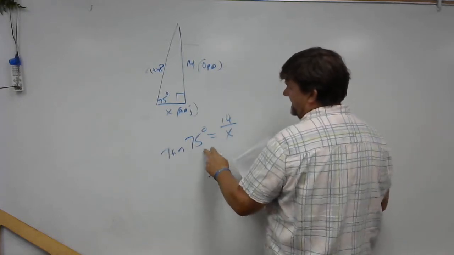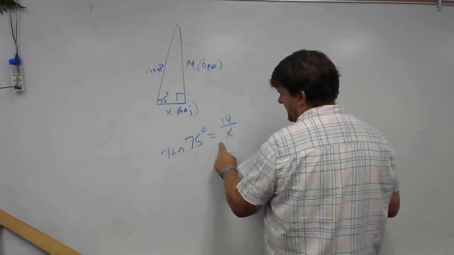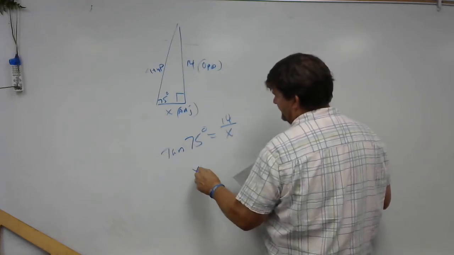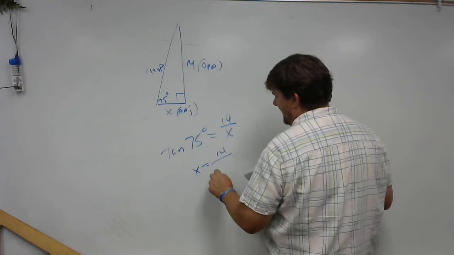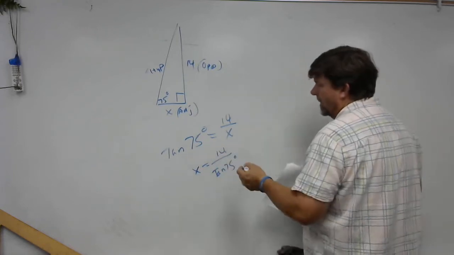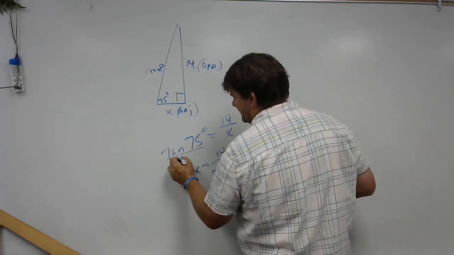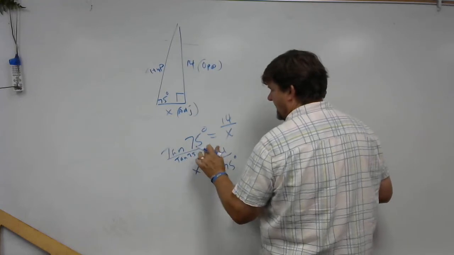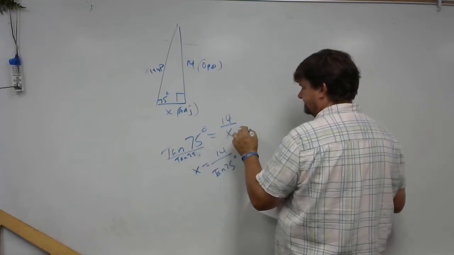When you have this piece, I'm going to divide by this one, and I'm going to multiply by this one, so they just kind of switch spots. So x is equal to 14 divided by the tangent of 75 degrees. So, long way, I would divide this side by tangent, and this side by tangent.